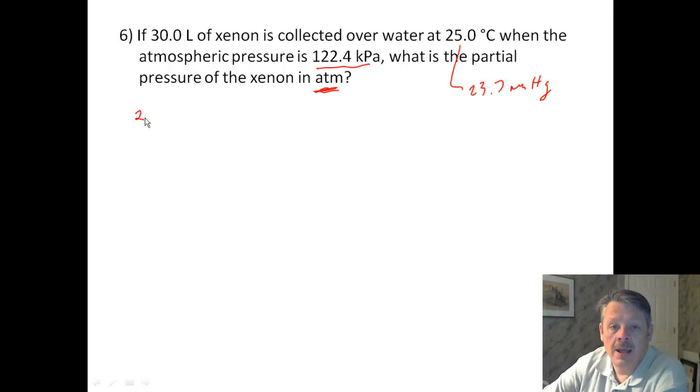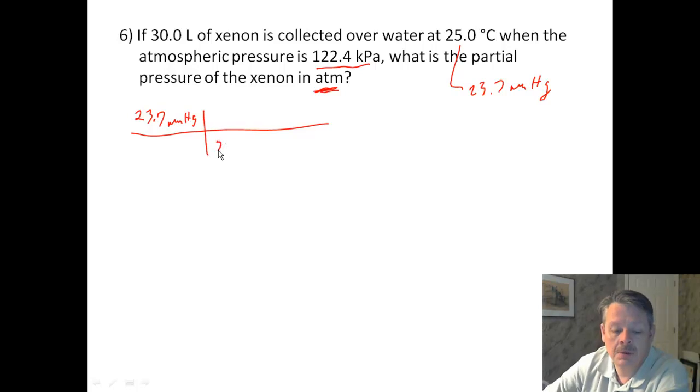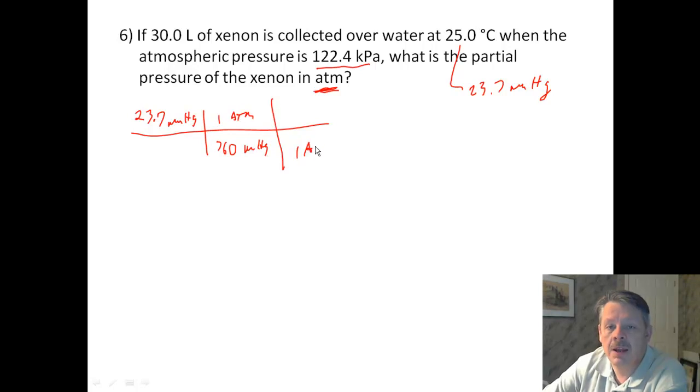So I have 23.7 millimeters of mercury, and I convert from millimeters of mercury to atmospheres, and I convert from atmospheres into kPa, which is 101.325.